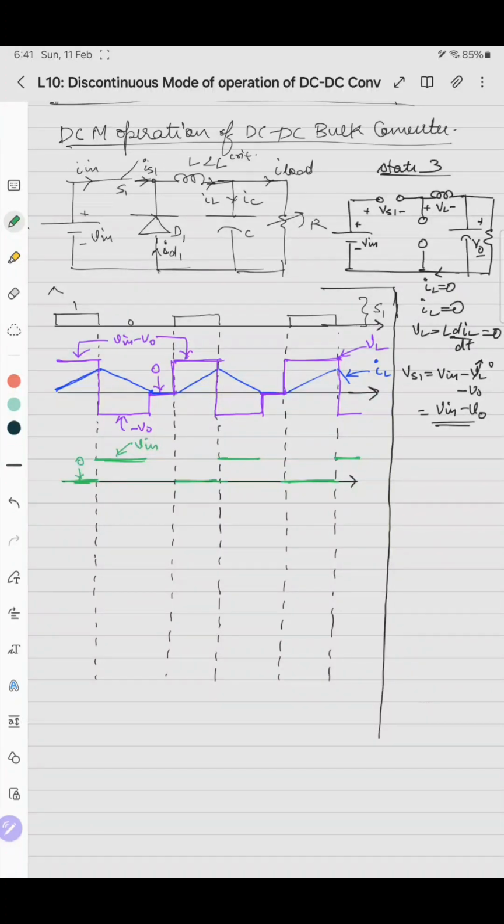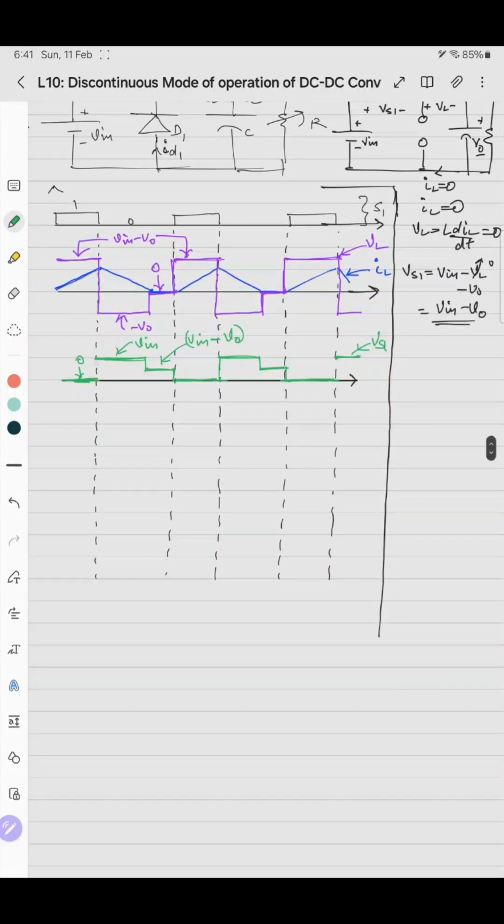What happens when the switch and the diode both are off? Then VS1 is V in minus V naught, which means it will be slightly less than V in. It should be like this. This value is V in minus V naught and this waveform belongs to VS1.